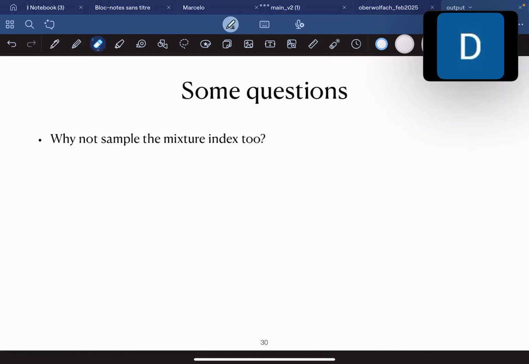You could incorporate the sampling of the mixture index inside the Gibbs sampler as well. But the simple answer is that it is too costly to update the weights.